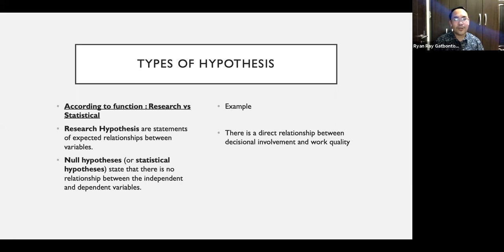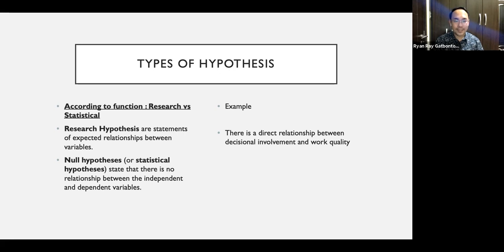Now, hypotheses can also be classified according to their function. According to function, the hypothesis can be identified as either a research hypothesis or a null or statistical hypothesis. When we talk of a research hypothesis, this is the statement of your expected relationship between variables.